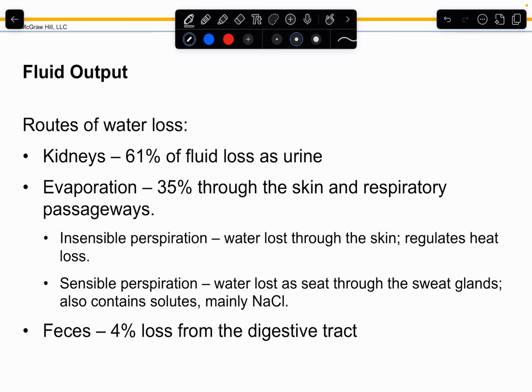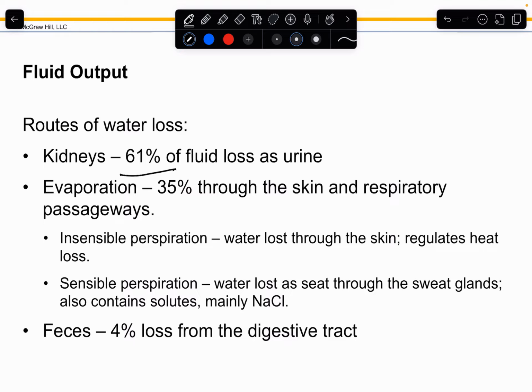Think about when you read this slide, how we lose water. Kidney is one of them. That's urine, sweat, respiratory loss. You cannot see it, but when you breathe out, not only air, also water, you are losing water. Then fecal loss. These are the main ways we lose water.